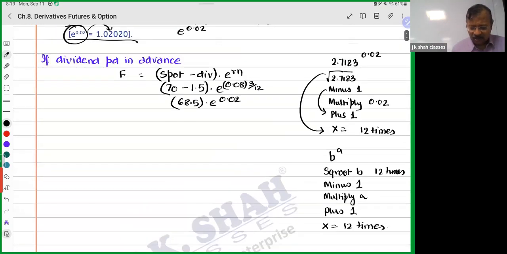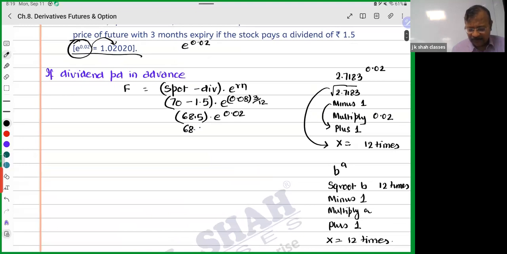Okay, so this would be 68.5 into 1.02020. 68.5 into 1.02020. That is 69.88.